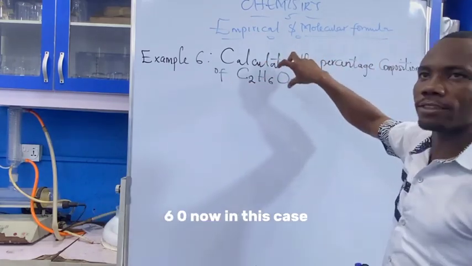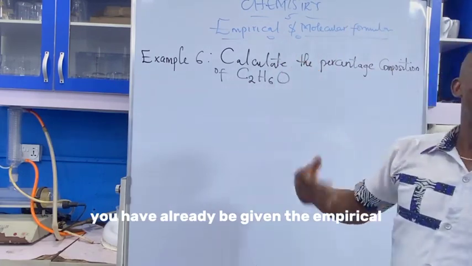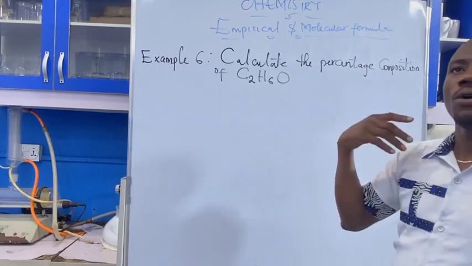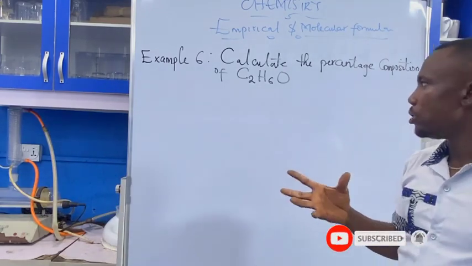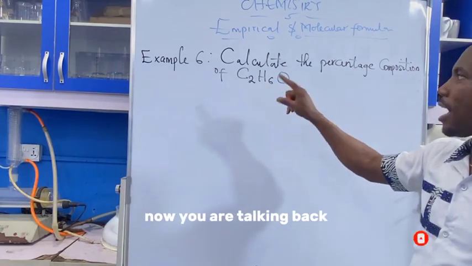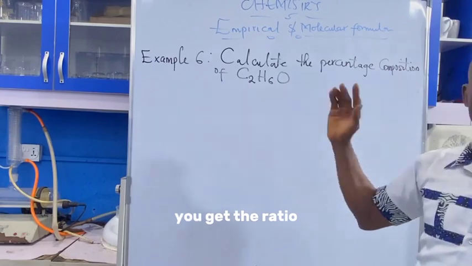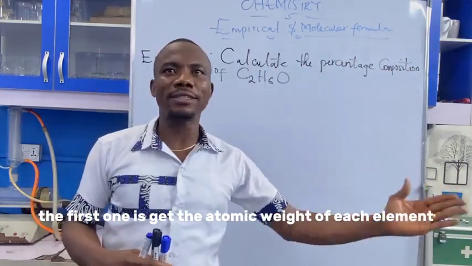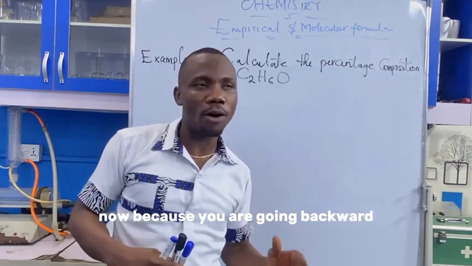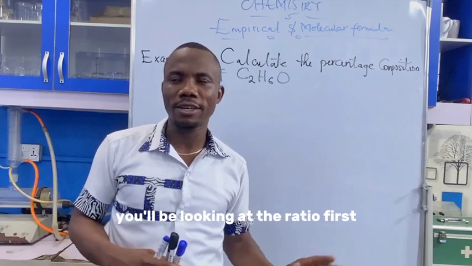Now in this case, you have already been given the formula. You are expected to get the percentage composition. Now you are solving backward. There are also steps in doing that. One, you get the ratio. In the other case, the first step was to get the atomic weight of each element. Now, because you are going backward, you will be looking at the ratio first.